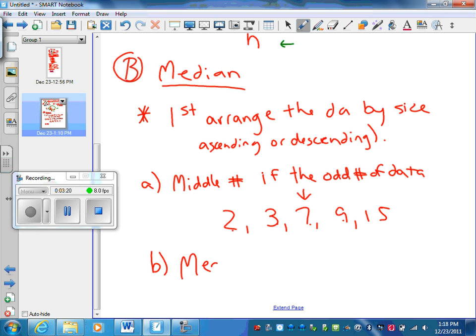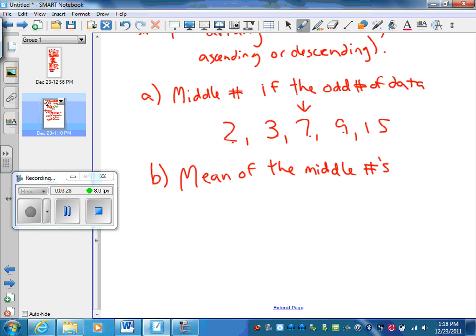It's the mean of the middle numbers if there is an even number of data.